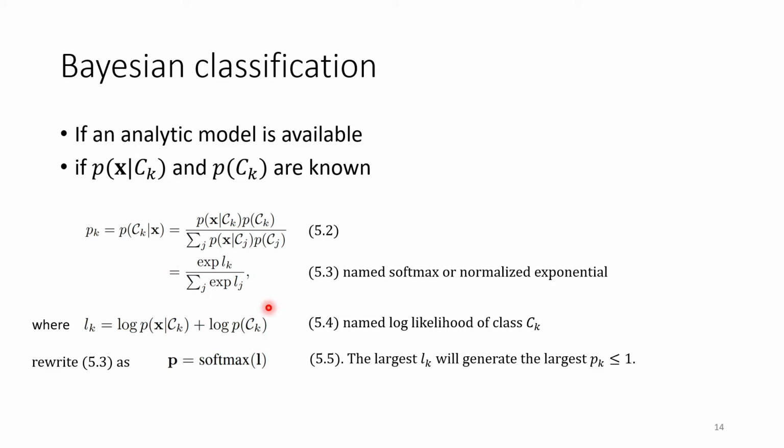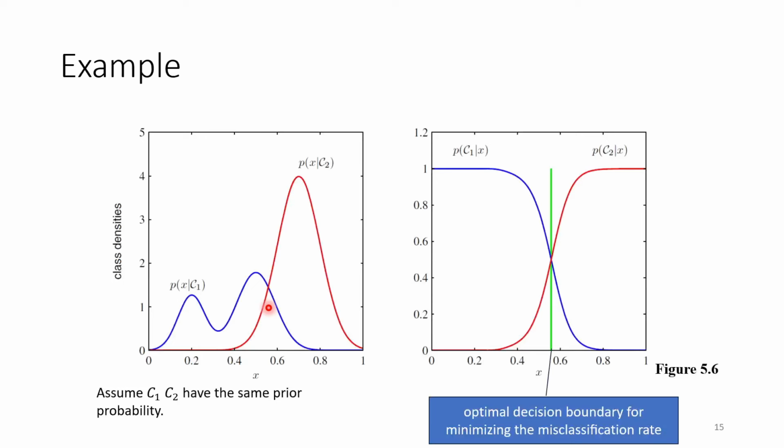Let's see an example. We can see these figures in our textbook. Suppose we have only two classes, and a one-dimensional input value x. This is the probability distribution for the first class, and this is the probability distribution for the second class.